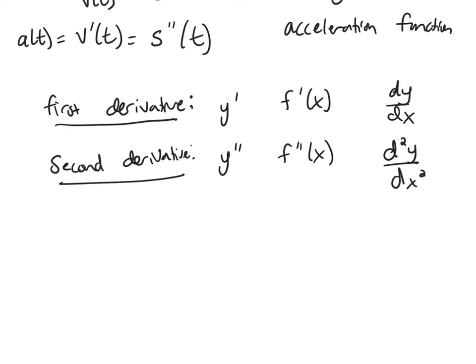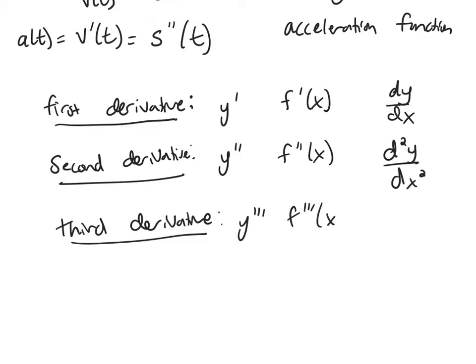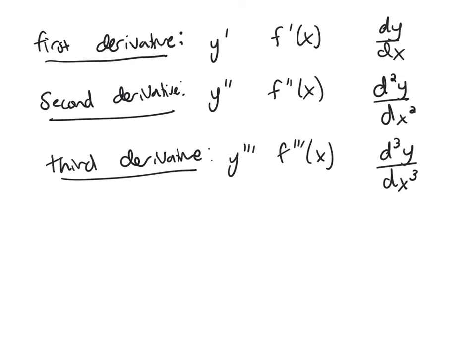But you could take a derivative of that second derivative to get a third derivative. Y triple prime, f triple prime, d cubed y dx cubed. And you don't have to stop there. You can keep going. You can take the fourth derivative.